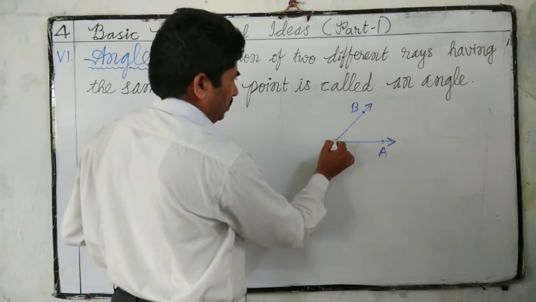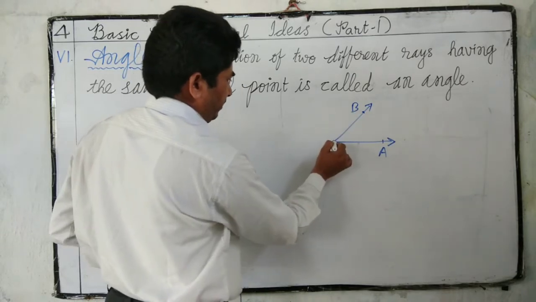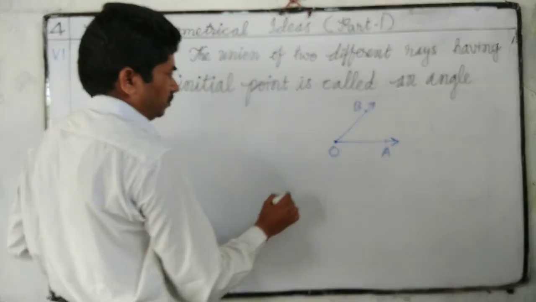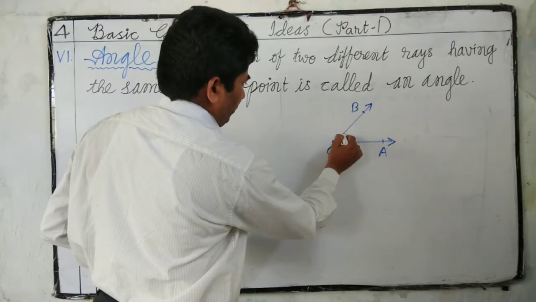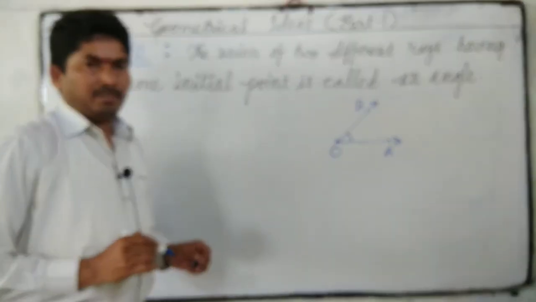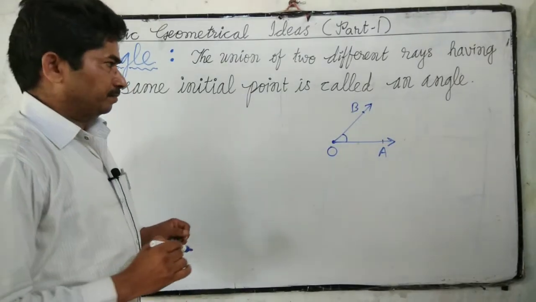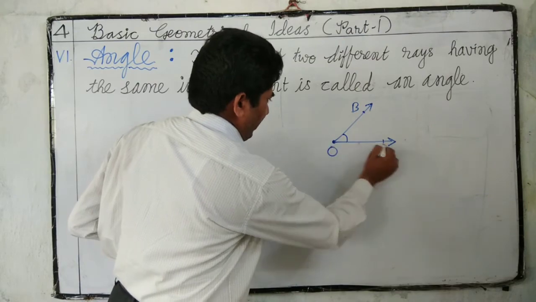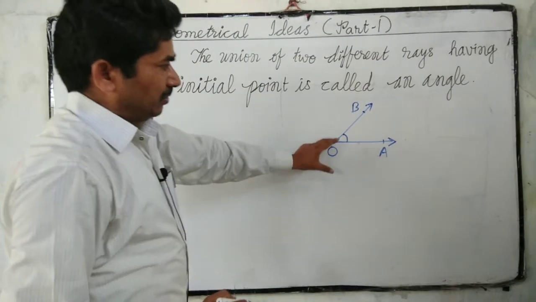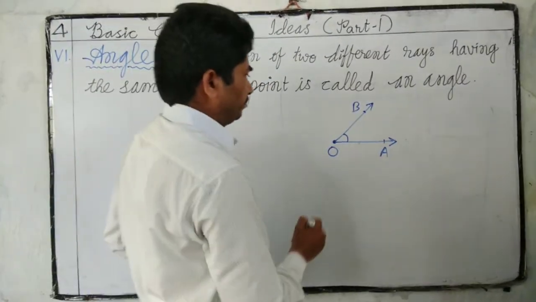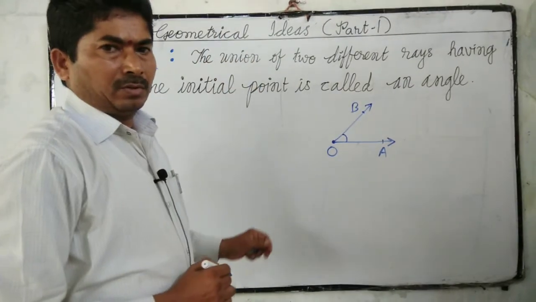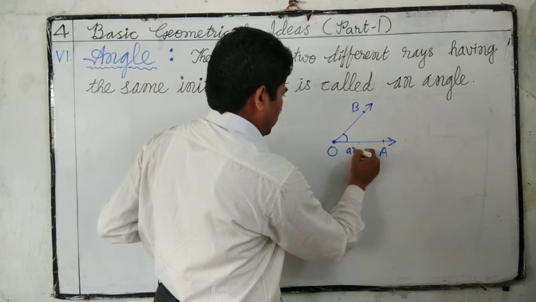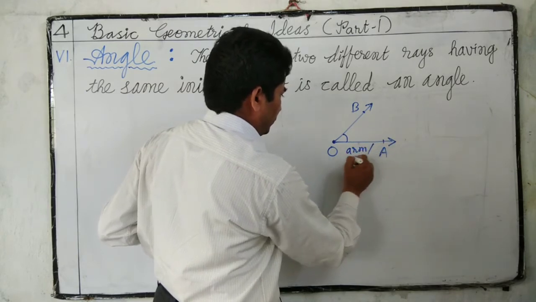These two rays have the same initial point O. So this is called an angle. The sides of this angle are called arms or sides.